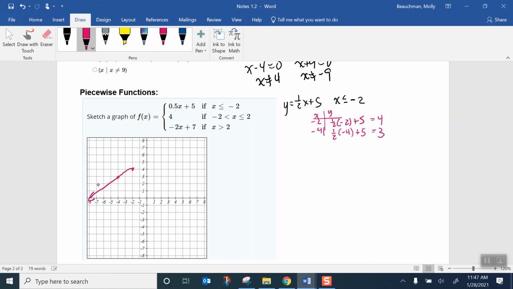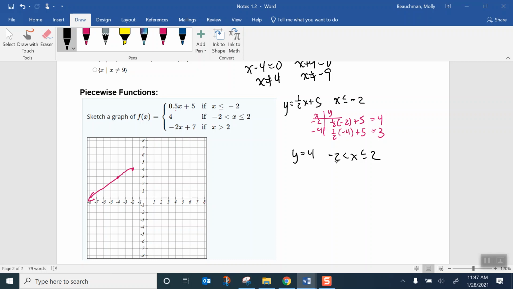So there's my 2 integer points, there's my line. The next part of the piecewise function says, let y equal 4 between negative 2 and 2, not including negative 2, but including 2. So y equals 4 is a horizontal line through 4.